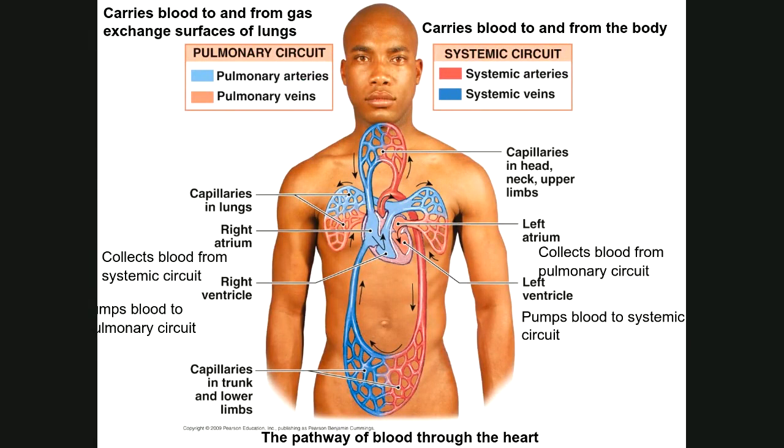Then the right ventricle pumps the blood to the pulmonary circuit through the pulmonary trunk, and it goes to the lung, deposits the CO2, captures the oxygen, and brings it back to the heart through the pulmonary veins to the left atrium.